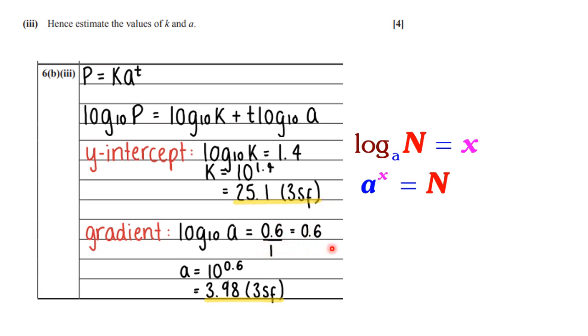So then I'm going to again use this logarithm rule and get that a is equal to 10 to the power of 0.6, which, putting it into my calculator, gives me 3.98 to 3 significant figures. And there you have the value of k and the value of a, which are estimated off of our line of best fit.